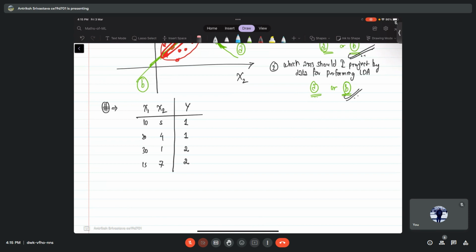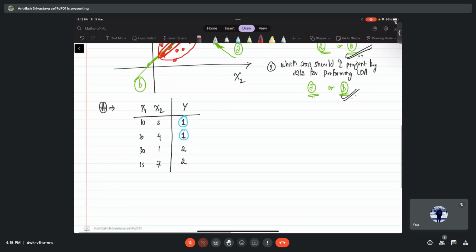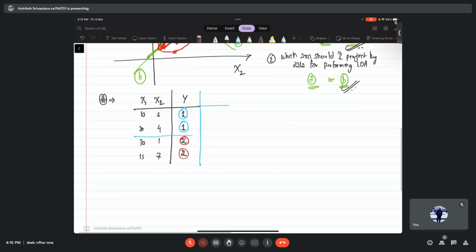So now I'll use this label information that I have to perform the LDA. For LDA, let's say I want only one axis, so let's name that axis LD1. You can get another axis also. In this particular case, you can get two axes, but let's say I want to choose only one. The entries in this axis will be given by S, that is W inverse into B. Now what is W?